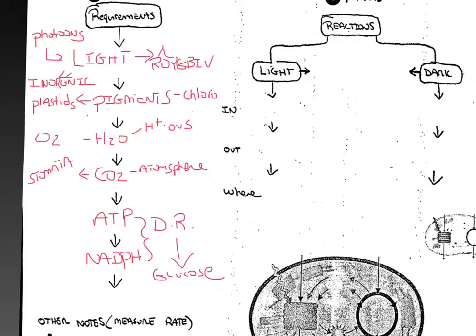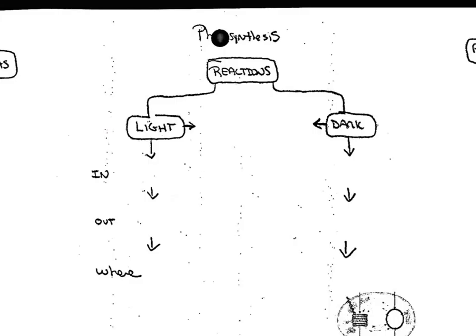So remember, we're trying to understand a theme here of how photosynthesis is a transformation process. Ultimately, you're taking sunlight, transforming it into ATP and NADPH, which will then transform their energy into making glucose or sugar for the plant. Remember, there are 2 reactions in photosynthesis, the light and the dark reaction.